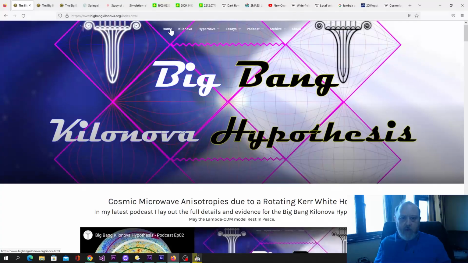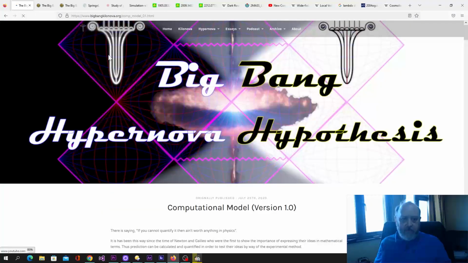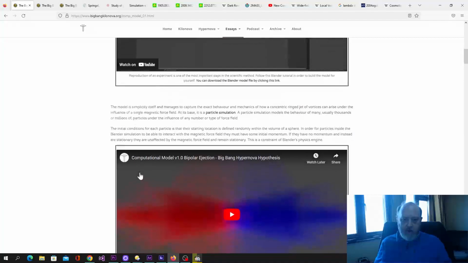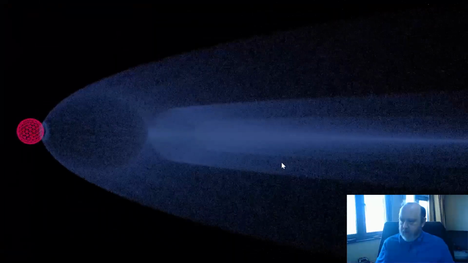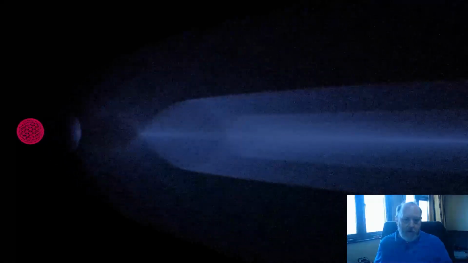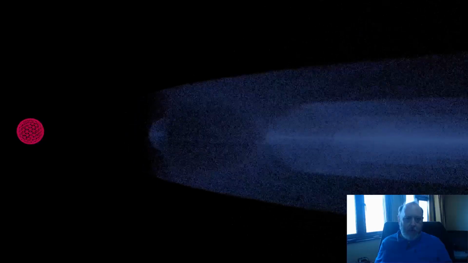Okay, so how do I account for all this? For that, this is essentially what I've called computational model 1.0. Effectively, it is using the physics engine within the software package Blender.